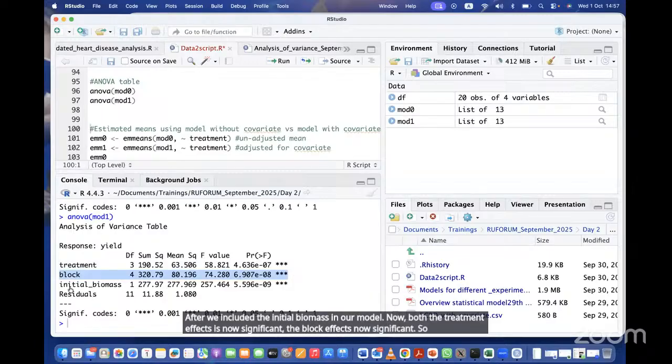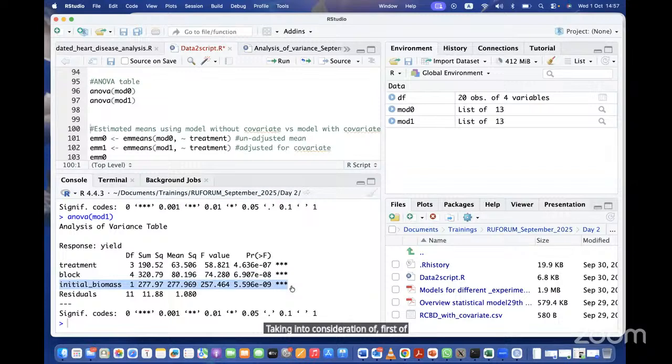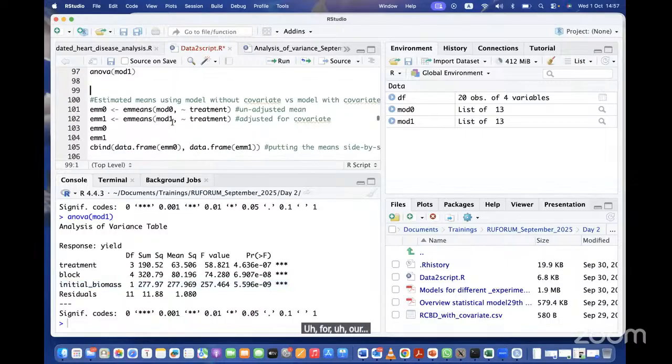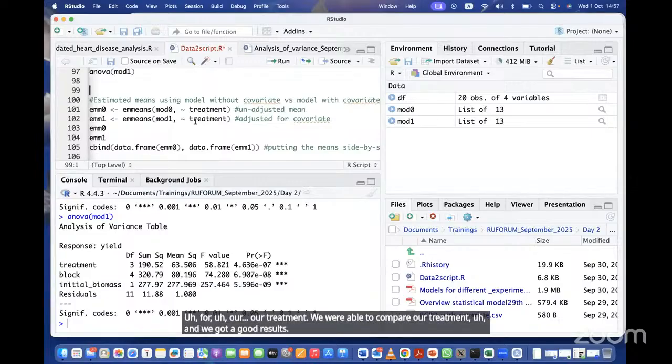So by adjusting for the initial biomass, we are able to have a better test for our treatment. We are able to compare our treatments and we got good results.